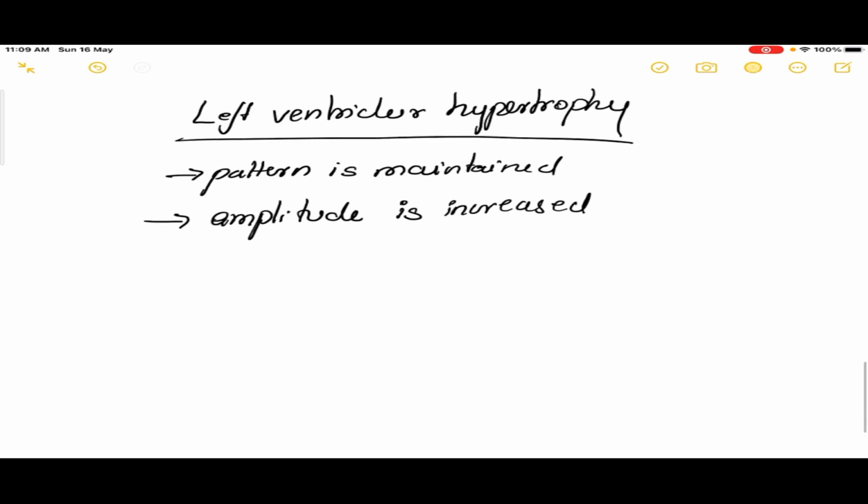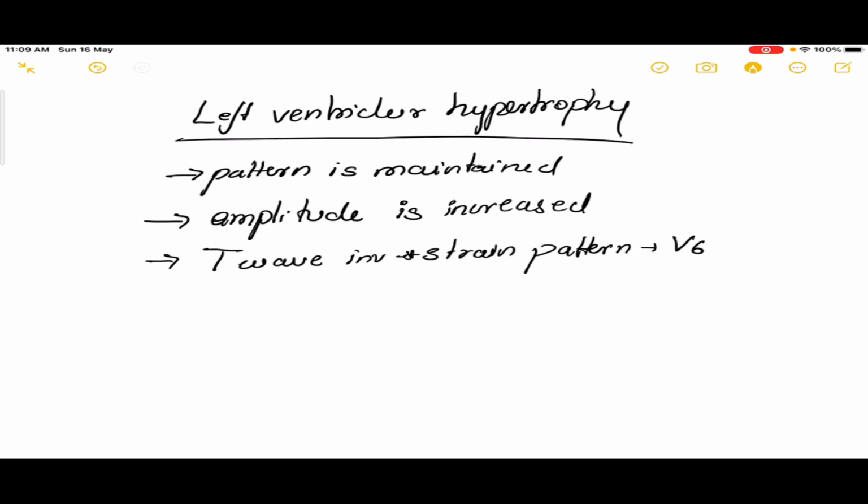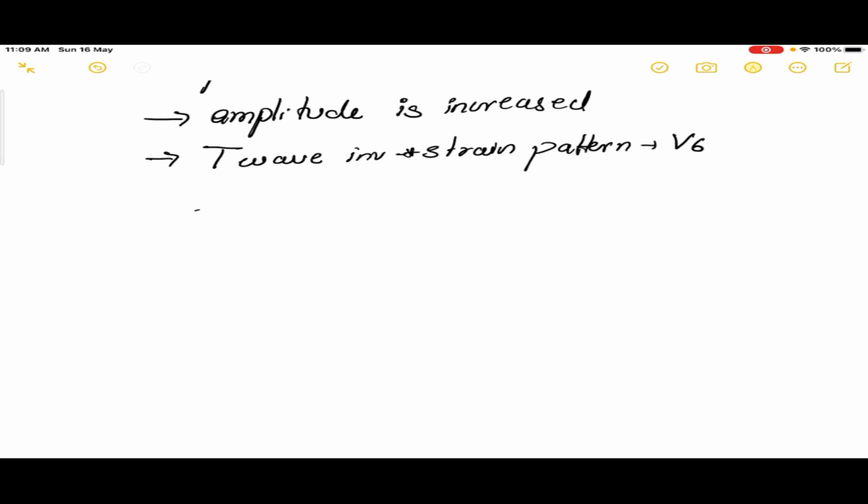Along with this, there is T wave inversion. More specifically, a strain pattern is seen in V6. Basically, the inversion wave looks in this way.